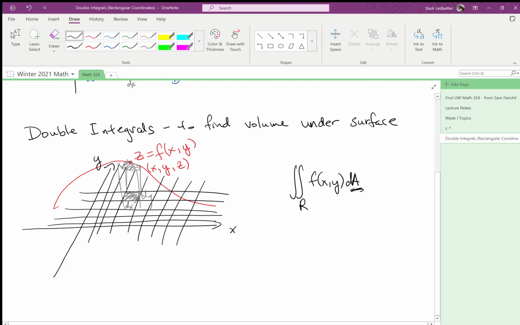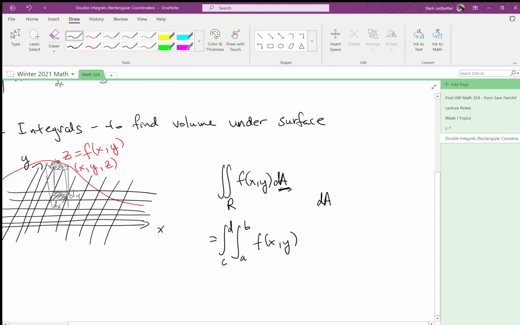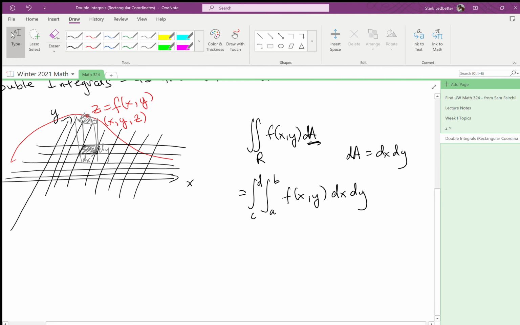So I was taking my integral over the region, dA, or I can take, whatever my x bounds are, A to B, and then whatever my y bounds are, C to D, and then I can take f of x, y, and dA. My little area is now dx times dy, because that's just the area of a rectangle. So I now have my integral.